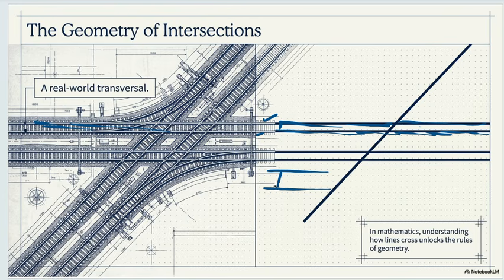The distance between these two lines is D, and this is also D. The distance between these two lines remains the same. Got it? What is the parallel line? These are the lines that never meet at a point and the distance between these two lines remains the same.